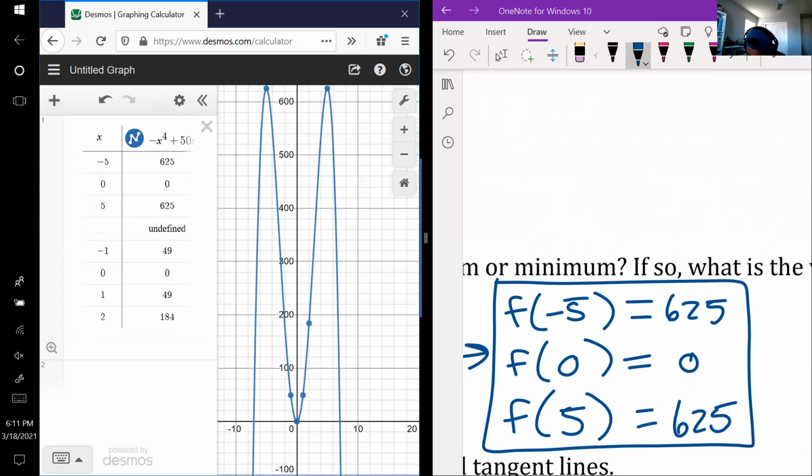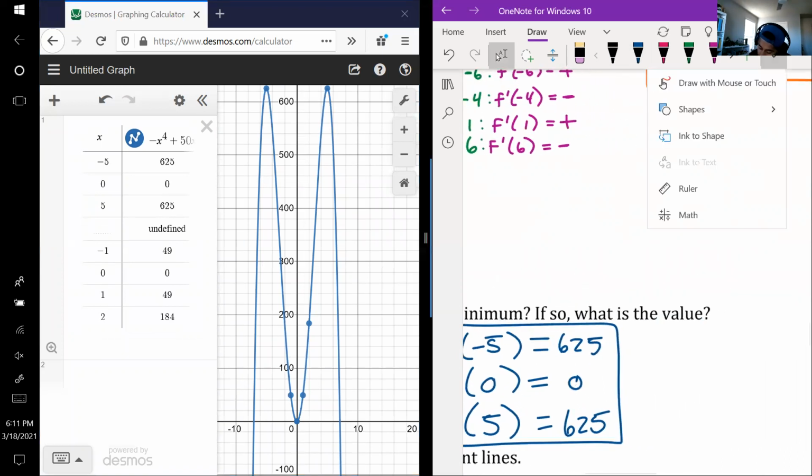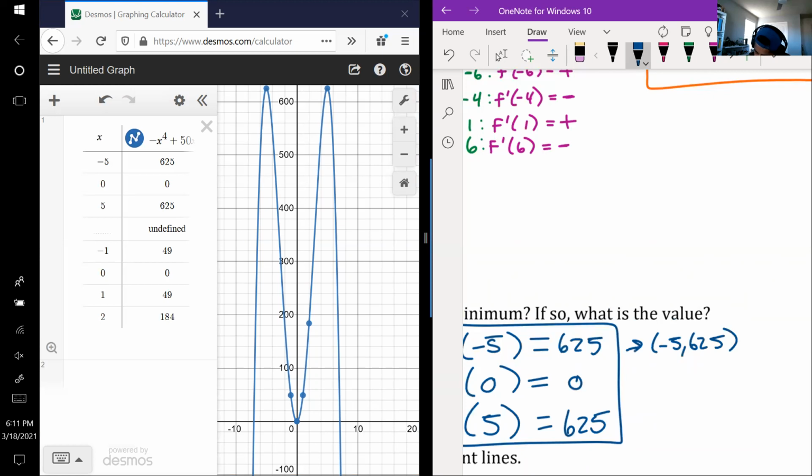Okay. And again, these are actual coordinates. So this is the point -5, 625, 0, 0, 5, and 625. There's the graph on the left, but again, we want to sketch this by plotting the max and mins and using the sign chart above.